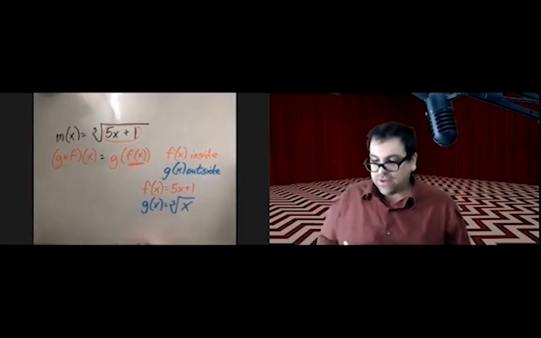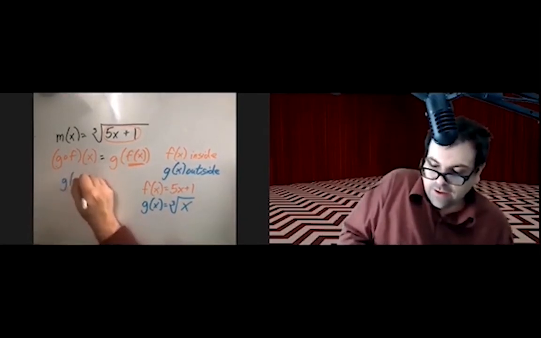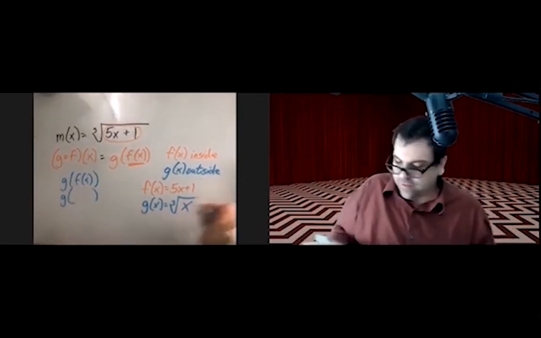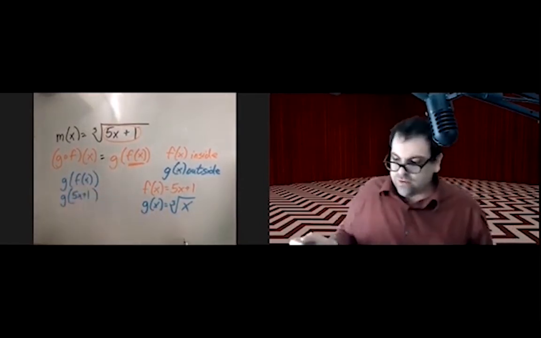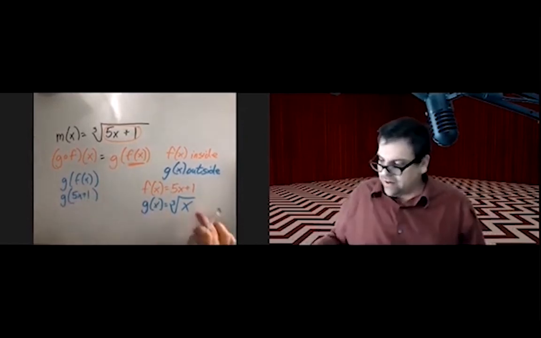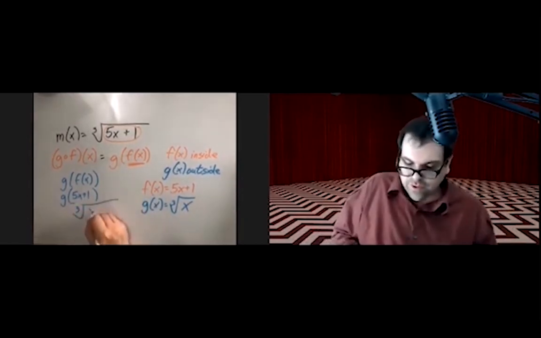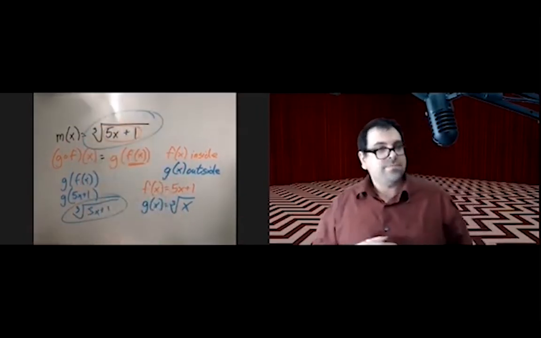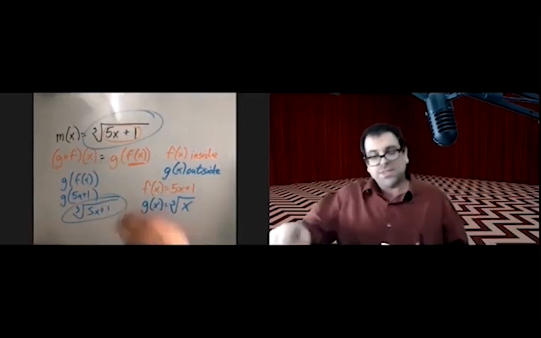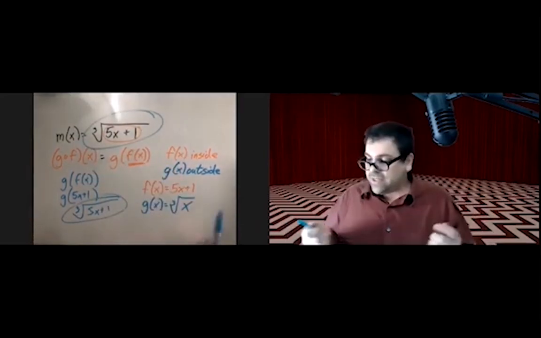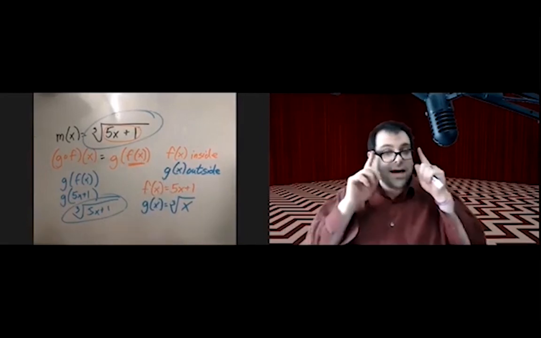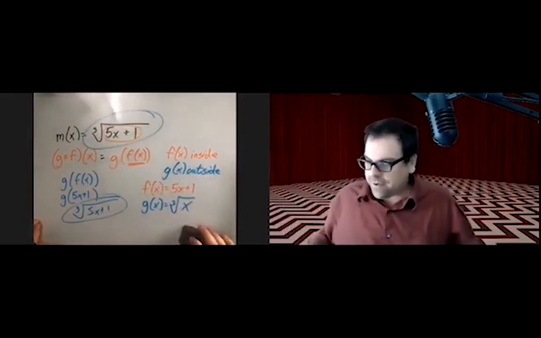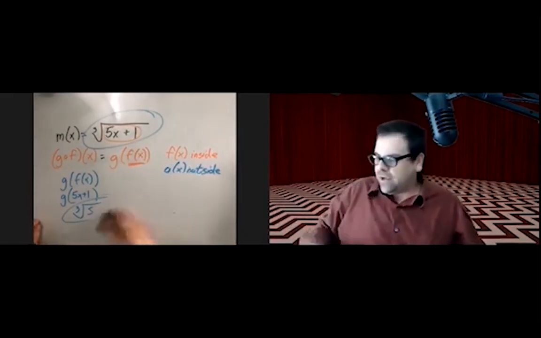And if we wanted to check, g of f of x would be g of 5x plus 1, which would be 5x plus 1 inside of the cube root. It is the function that we were decomposing. So we did pick the proper inside and outside functions. Okay. That wasn't so bad.